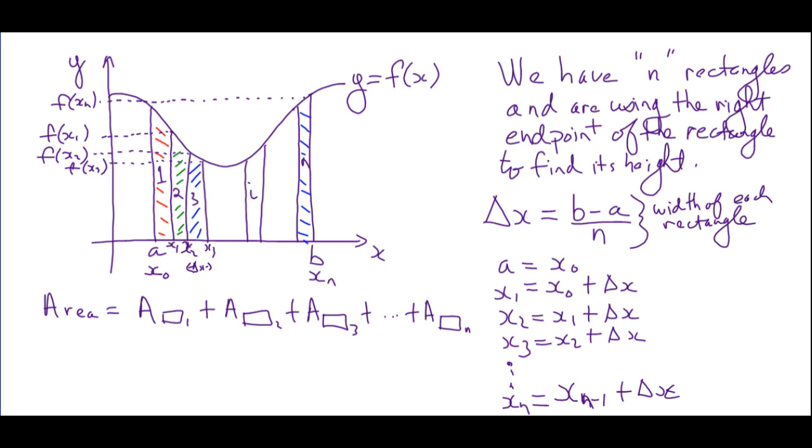What is this? x sub i, right? Because the area of the first rectangle is f of x1 delta x, x2 delta x, x3. So this must be x sub i, which makes this one x sub i minus 1. Okay, so that's the ith rectangle.